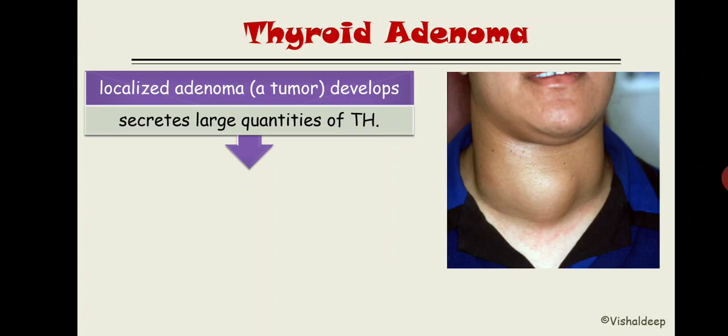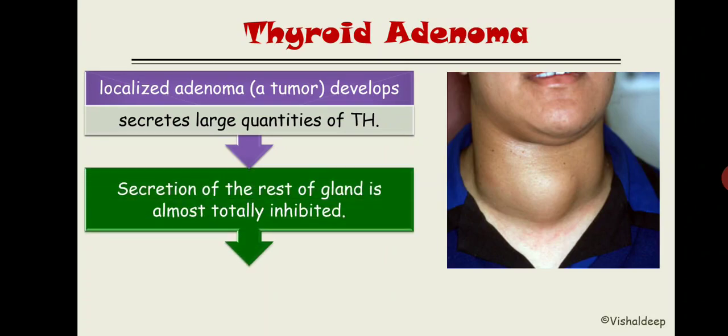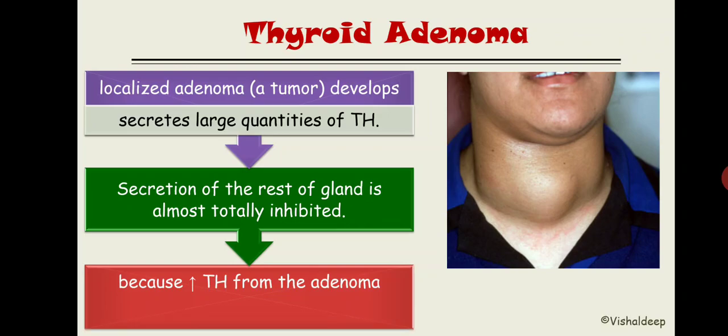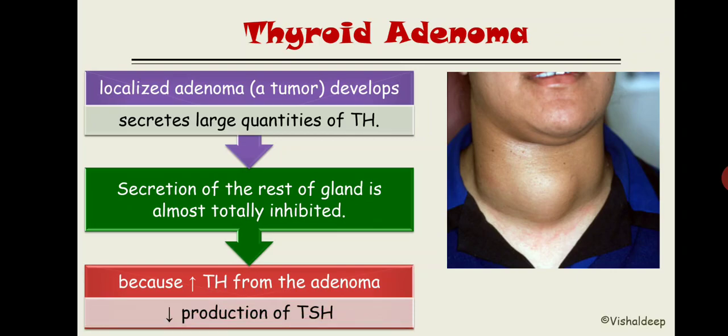Basically it will decrease the TSH level, and the secretion of the rest of the gland will be totally inhibited. Because of the increase in thyroid hormone from the adenoma tissue, the production of TSH will be decreased. Got it? Now the symptoms of the hyperthyroidism.